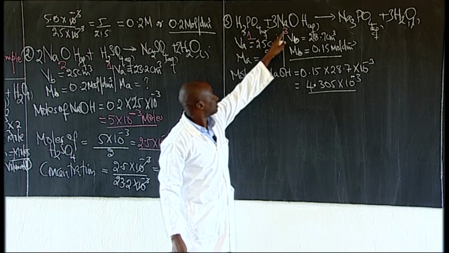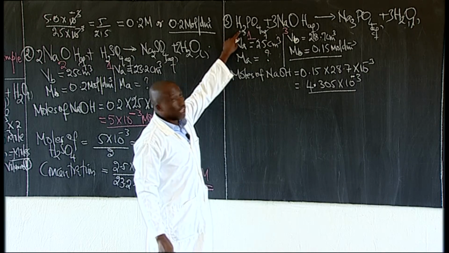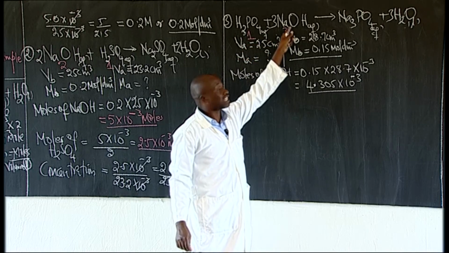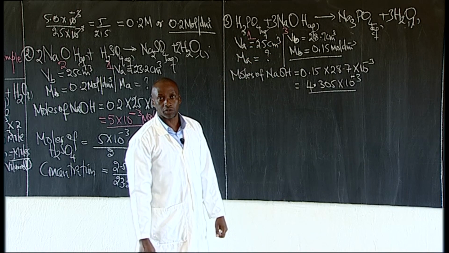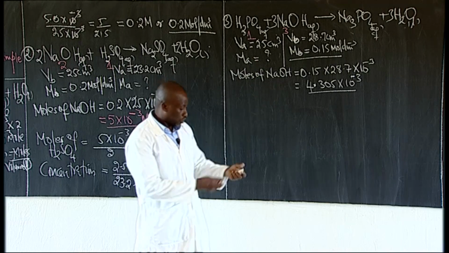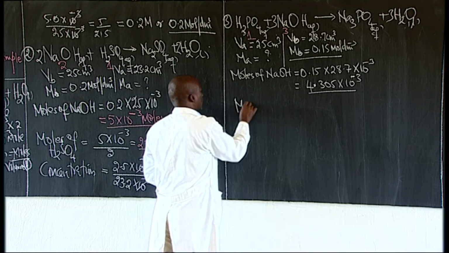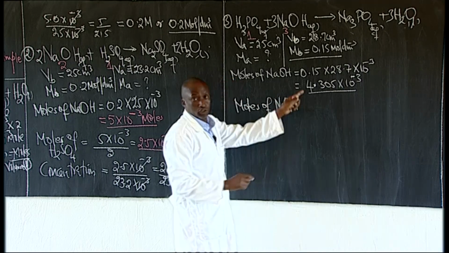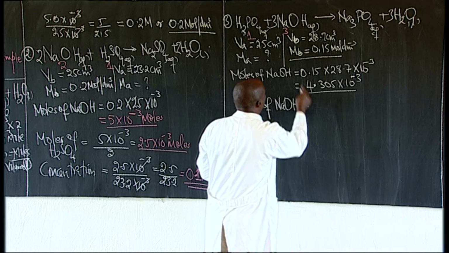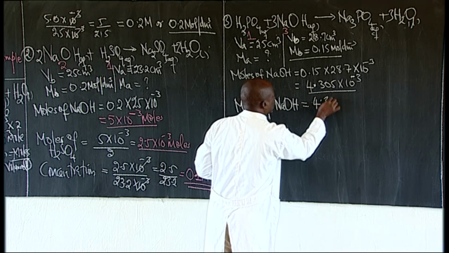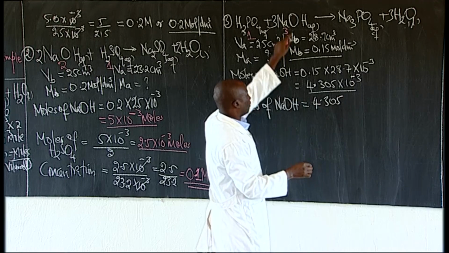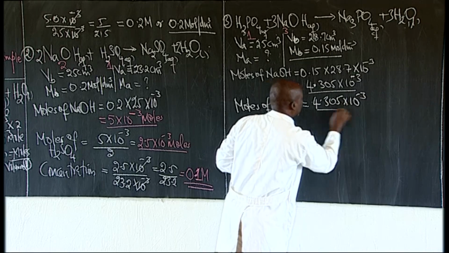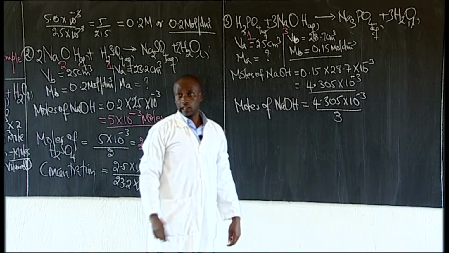So that means that the moles of phosphoric acid from this reaction is a third of the sodium hydroxide. That is from the reaction. So the moles of phosphoric acid that reacted will be equal to 4.305 times 10 to power negative 3, the moles of the sodium hydroxide, divided by 3.